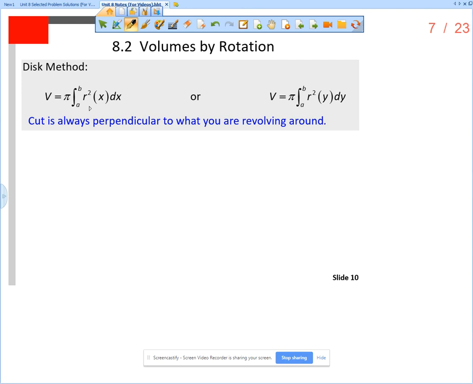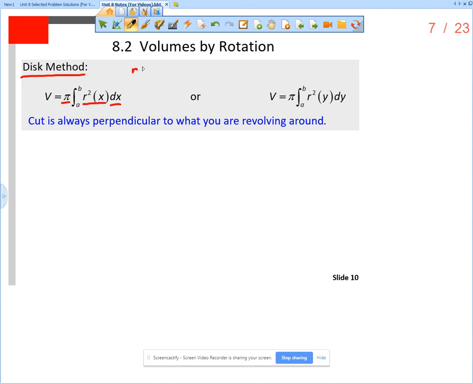All right, and so how do we find the volume by rotation using the disk method? Well, we're going to take pi times the radius squared with respect to x. So remember, this is like pi times the radius squared multiplied by the thickness. Now we need to realize this r squared of x is not r squared times x.